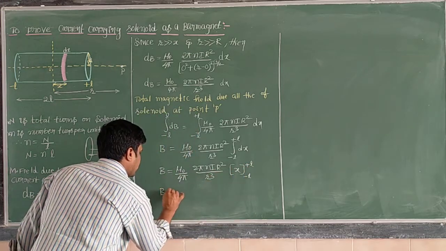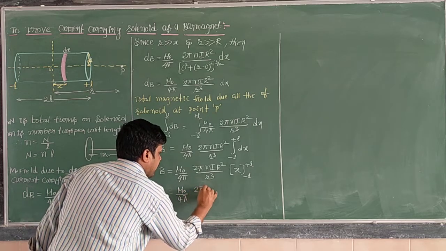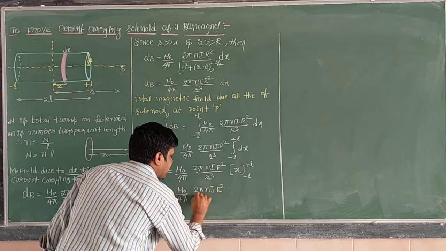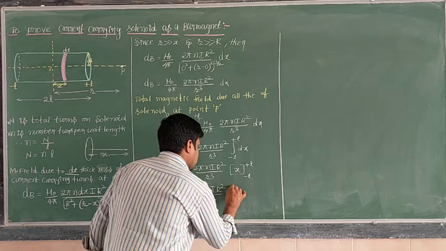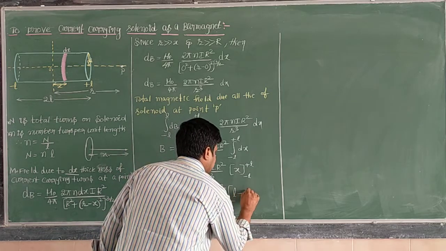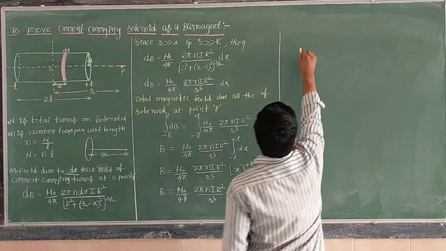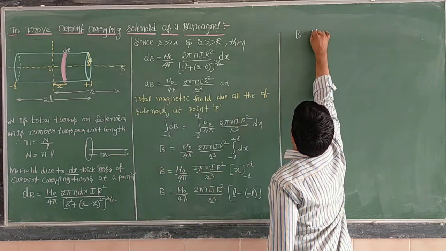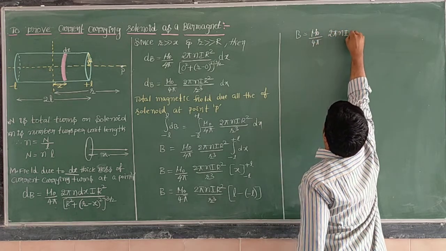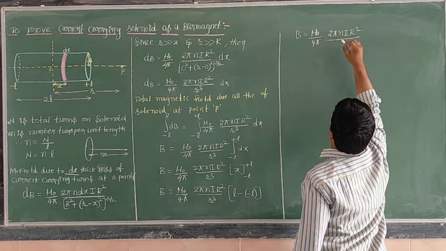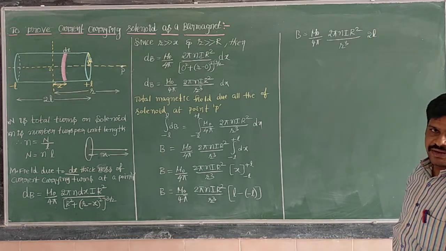Next, B is equal to mu naught by 4 pi into 2 pi n I r square divided by r cube into, so here you substitute the upper and lower limits: L minus of minus L. Now thereafter the magnetic field B is equal to mu naught by 4 pi into 2 pi n I r square divided by r cube into 2L.